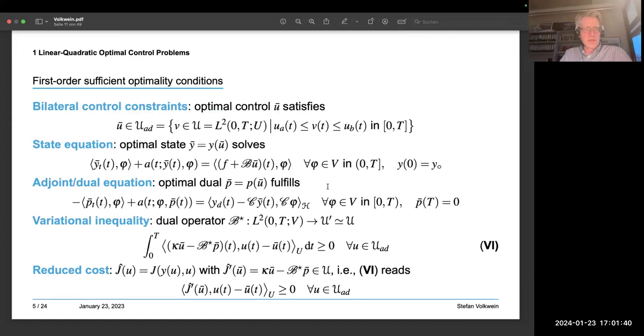Think of this problem here and think of the case that you do not have constraints. When you do not have control constraints, then the variational inequality turns out to be just gradient equal to 0. Look at this formula here: gradient equal to 0 means that this term is equal to 0.